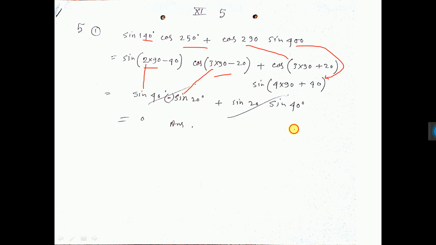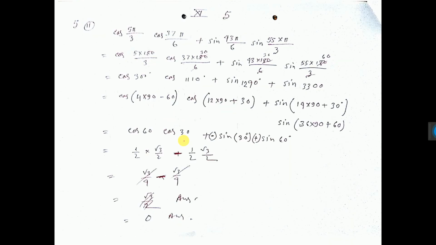And which quadrant? 3 into 90 minus theta, so 1, 2, 3 into 90 minus theta means here it is coming all sin tan positive, so cos it will be minus. Again cos will be sin because odd multiple, sin will be sin because even multiple. Now you see this is plus and this is minus, so plus minus cut, answer is 0.